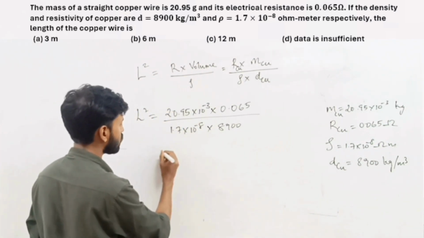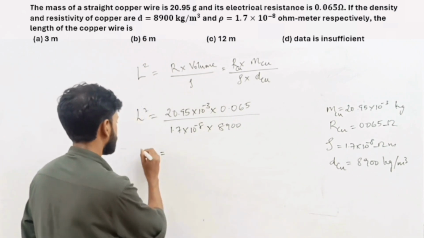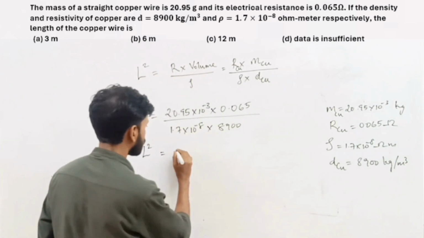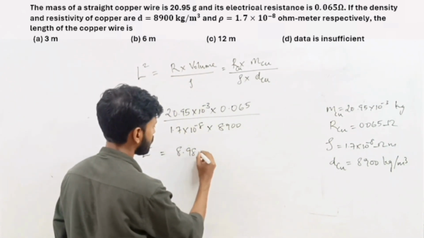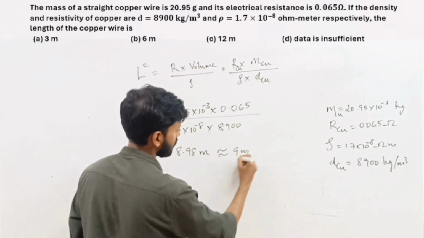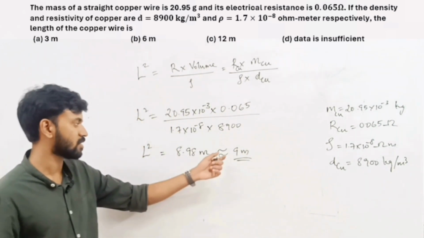Now we just have to solve this numerical. When we solve this equation, we get L square equal to 8.98 meter, which is approximately equal to 9 meter, because we consider 8.98 as a whole number.